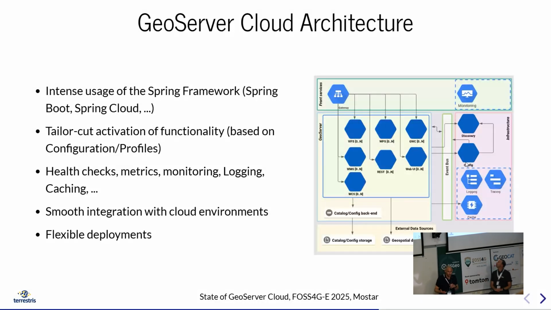It's not a new implementation of GeoServer because the core code is reused, but it's something on top, just this repackaging into microservices. For example, it's now possible to activate or deactivate, configure certain functionality. You can not only activate or deactivate certain services, which of course you can also do with the traditional GeoServer, but you could also activate or deactivate certain data formats, output formats, a lot of things, extensions, which we will see soon. And of course, you have health checks, metrics, and everything that you need in the cloud.